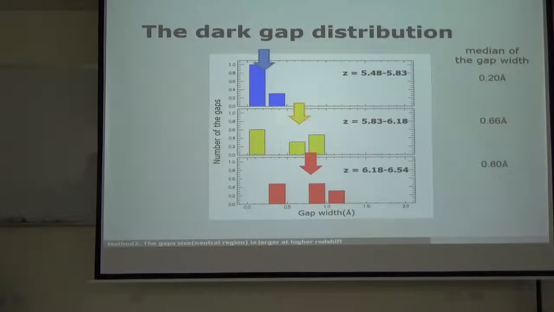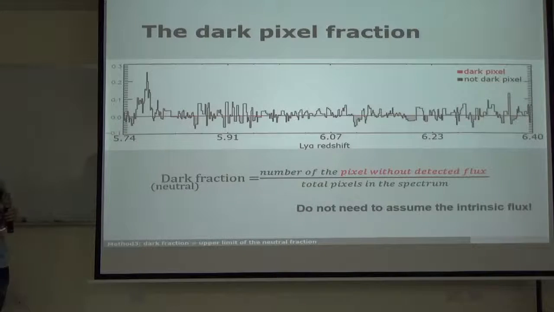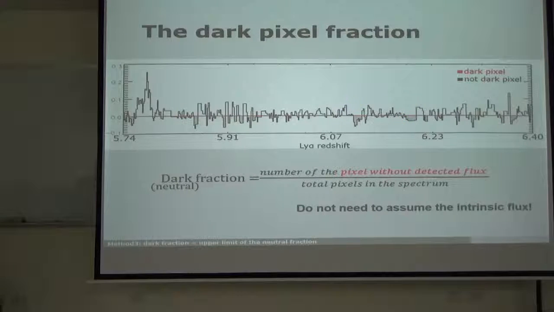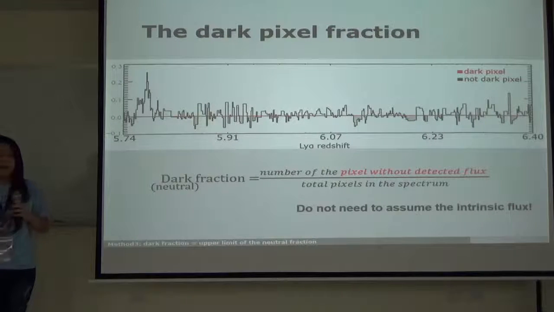So we introduce a third method, which is to count the dark pixels in a spectrum. The dark pixel here we define as a pixel with flux less than or equal to 0. We assume that the neutral hydrogen at the corresponding redshift absorbs the light, so there is no flux in the pixel.